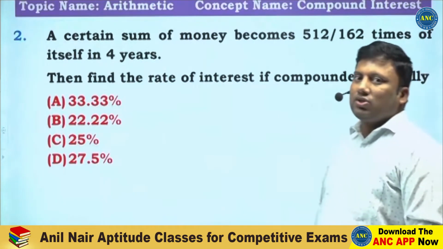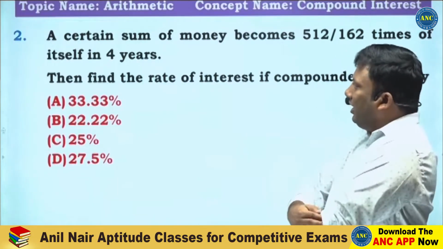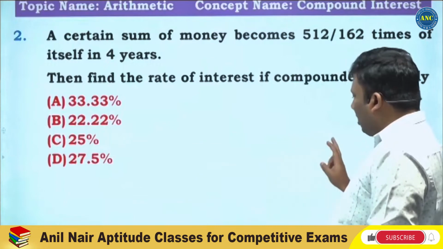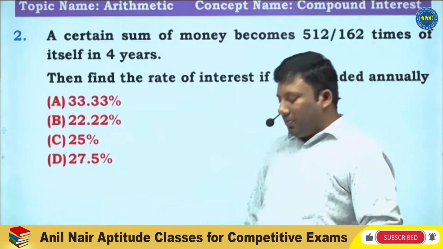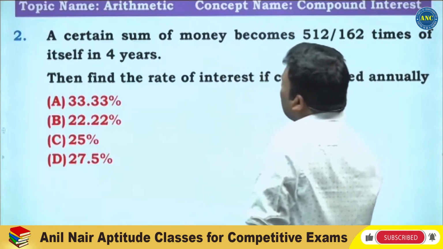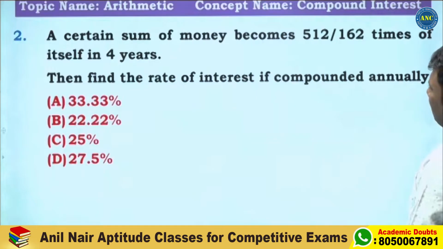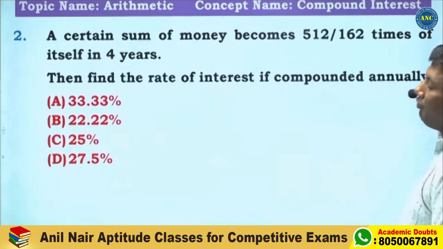Now see here. From now onwards, we will use this multiplication factor concept. Another question, please read the question first. A certain sum of money becomes 512 by 162 times itself in 4 years.